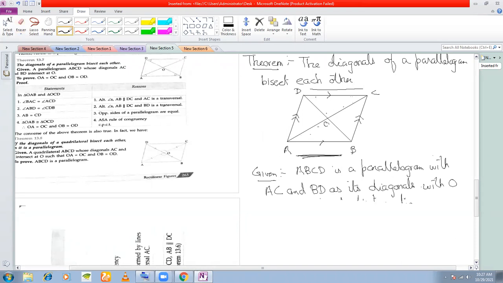First of all, this angle is equal to this angle, and this angle is equal to this angle, right? Now, if you try to use angle side angle, then what is the included side between these two angles? This one, right? Do you agree?